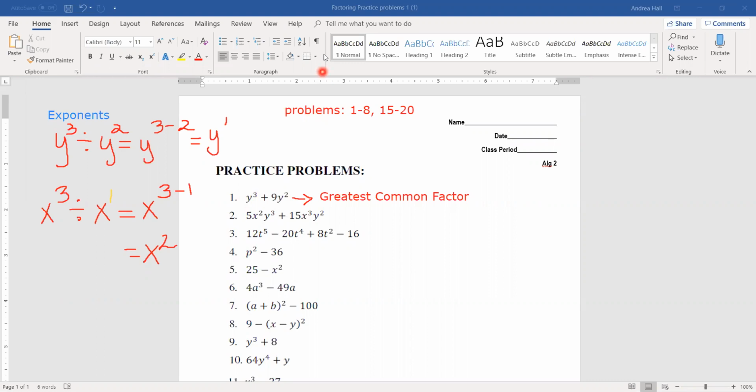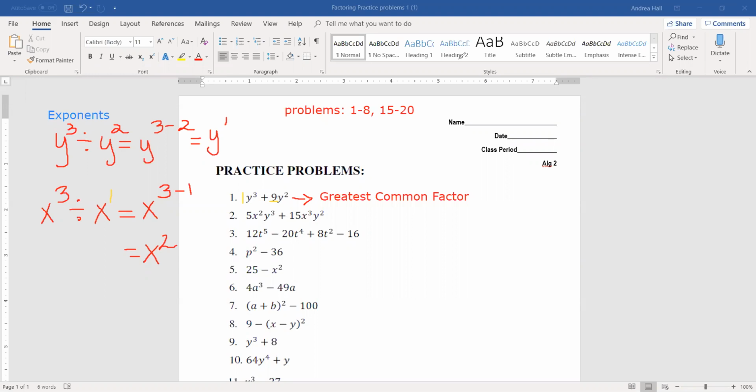Coefficients is a fancy word for the numbers in front of the variables. With y cubed, the coefficient, even though we don't see it, is a 1. And the coefficient on the 9y squared is the 9. If I look at the coefficients, 1 and 9 don't have anything in common.